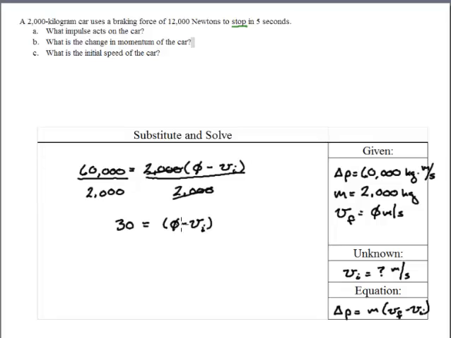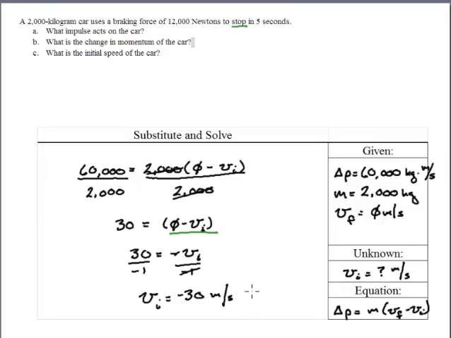Now I can simplify this by saying 30 equals, and now I need to be careful, negative VI. In order to get that negative, I'll divide by a -1, so that cancels. And that means that my velocity initial equals -30 meters per second.